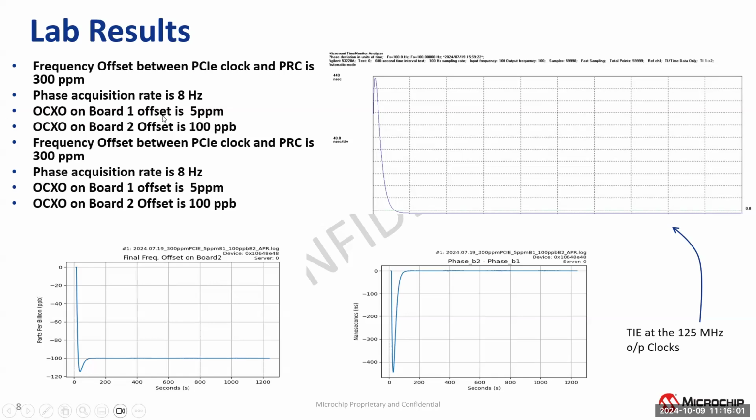And then board 1 was offset by 5 ppm and board 2 was offset by 100 ppb. And these are kind of realistic numbers for OCXOs or TCXOs. And then the frequency offset between the PCIe and PRC was 300 ppm. The phase acquisition rate, yeah, this was the packet rate I was describing before. It was about 8 hertz.